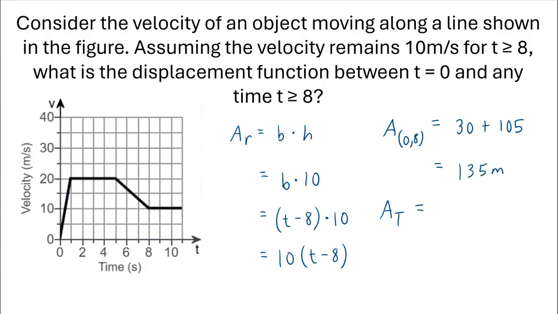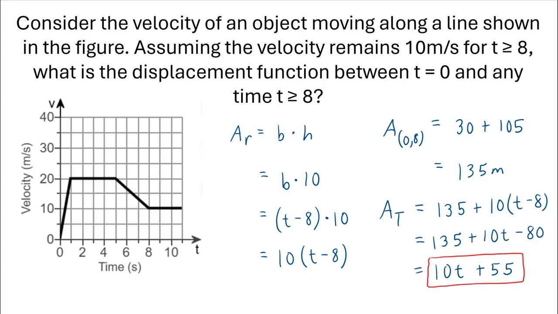So the total area under this curve would be 135 plus 10(t minus 8). And then we simplify that. That'll give us 135 plus 10t minus 80, which is equal to 10t plus 55. And again, this would be in meters.